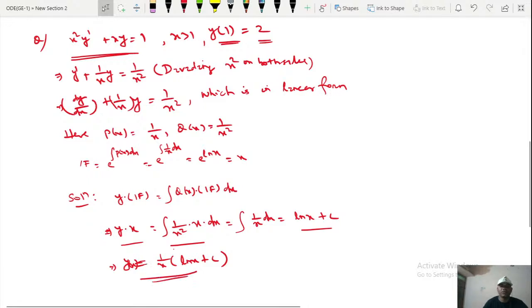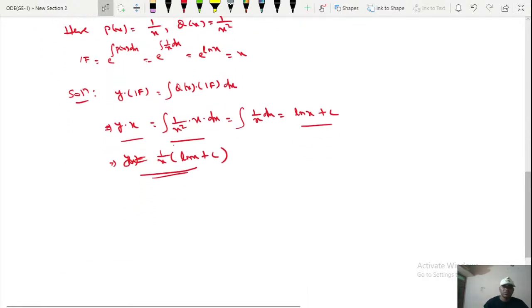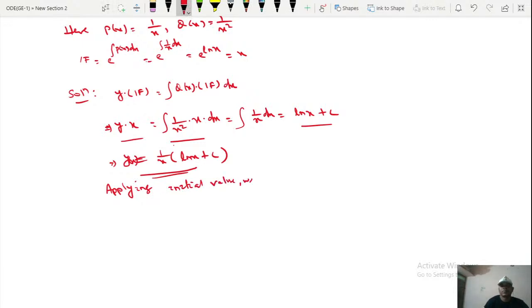This is an initial value problem, that means the initial value is given: y of 1 equals 2, meaning when x is equal to 1, y is equal to 2. So you have to put 1 in place of x and 2 in place of y. Applying initial values, put x equal to 1 and y equal to 2.